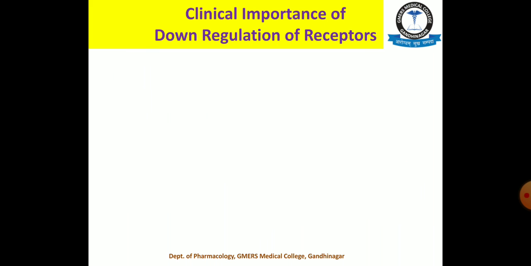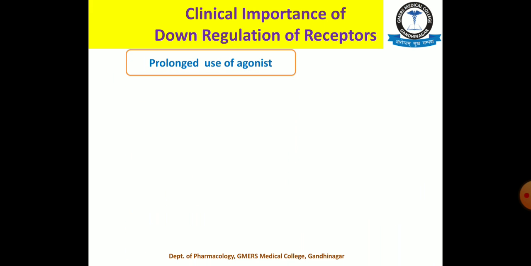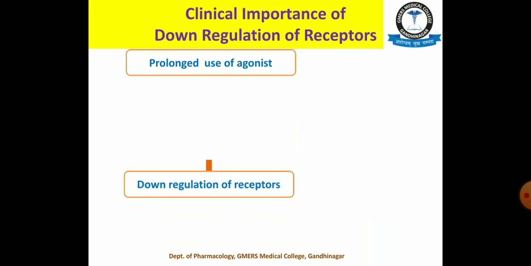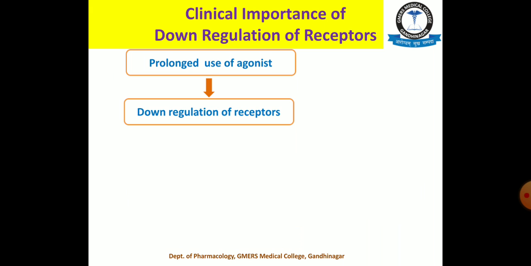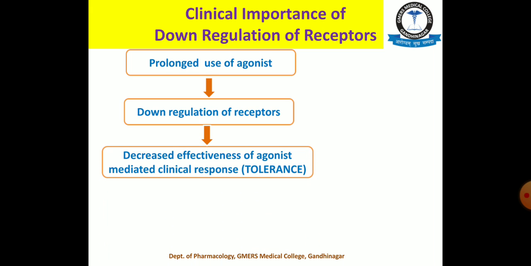Now, what is the clinical importance of downregulation of the receptor? As we use the agonist for a prolonged period of time, we have seen there is downregulation of the receptor, and because of this there is decreased effectiveness of the agonist-mediated clinical response, and that is known as tolerance.